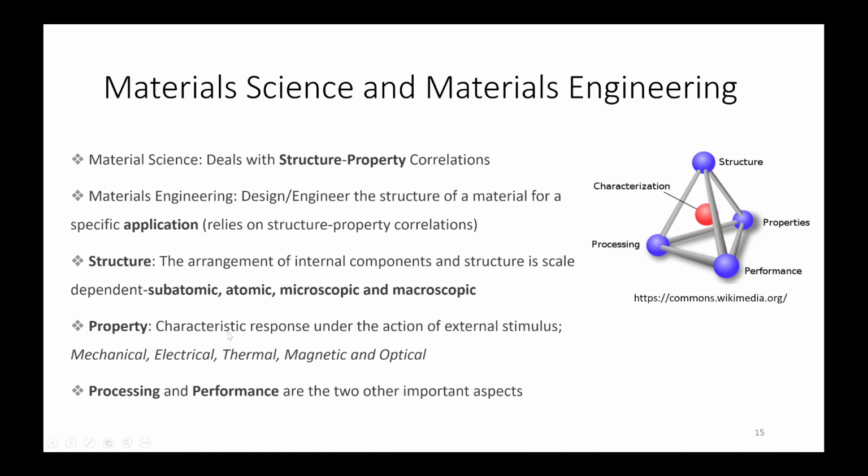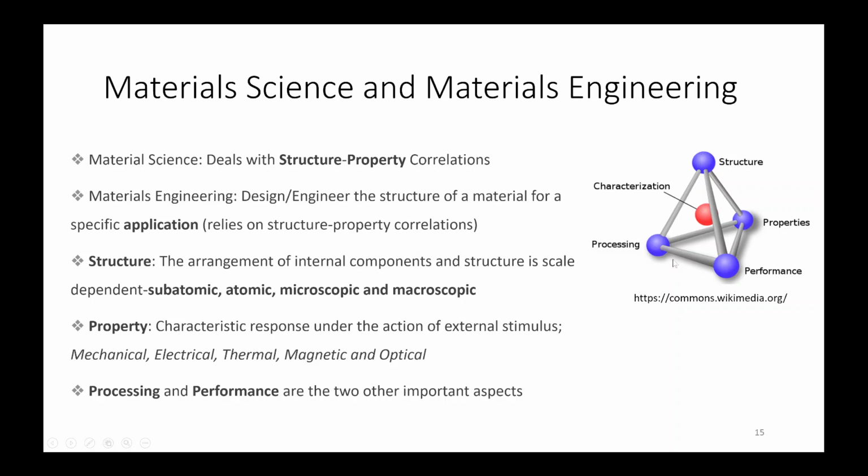Property is the characteristic response under the action of an external stimulus. These stimuli can be mechanical, electrical, thermal, magnetic and optical. Based on these there will be the properties of materials. Now this is the tetrahedron of material science.